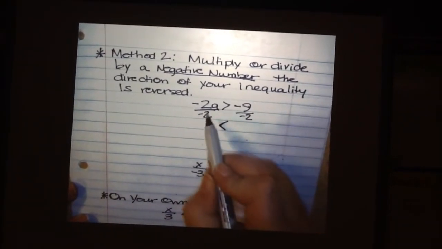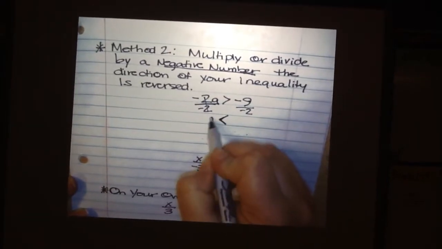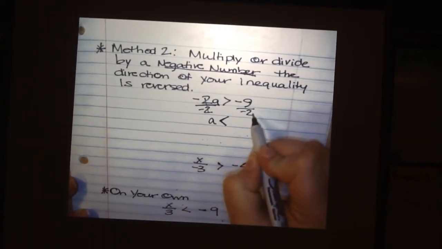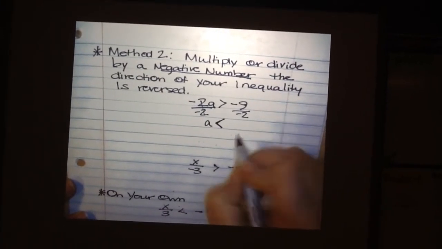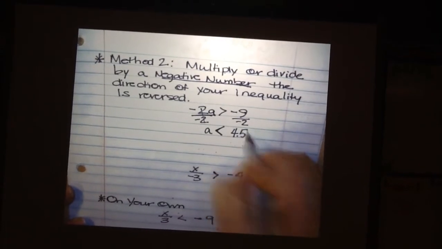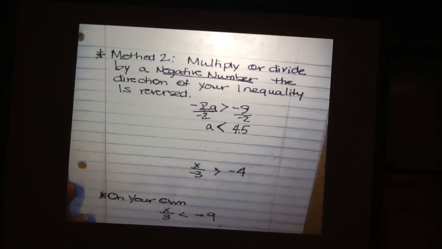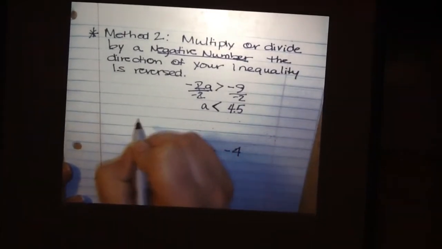Now we have the easy part. Negative 2 divided by negative 2, you're left with a. Negative 9 divided by negative 2, a negative divided by a negative is a positive. We have a positive 4.5. If you would like to leave it as 9 halves, you can do that also. Then you would have your graph.